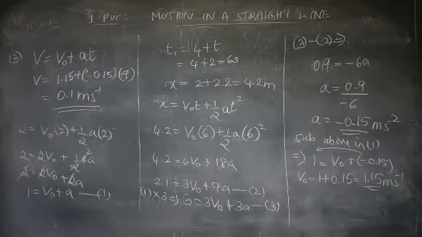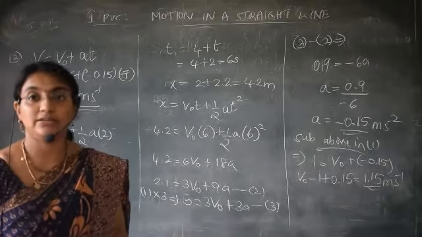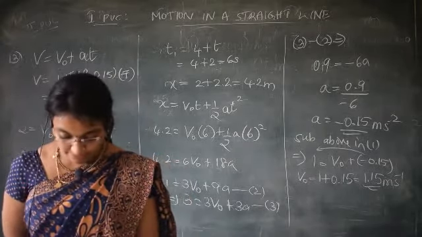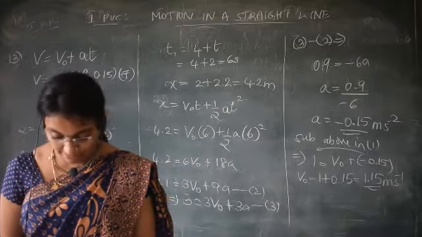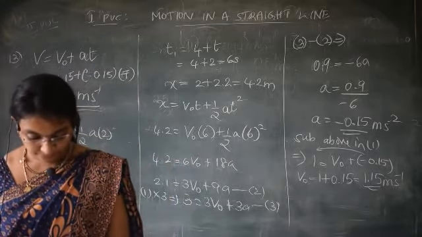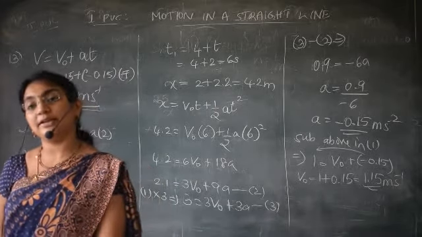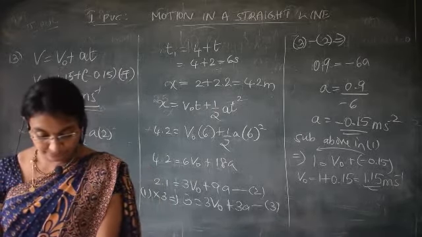Question number 14. A moving train is observed by an observer standing on a platform. Okay, the observer is at rest and he is observing the train which is moving.